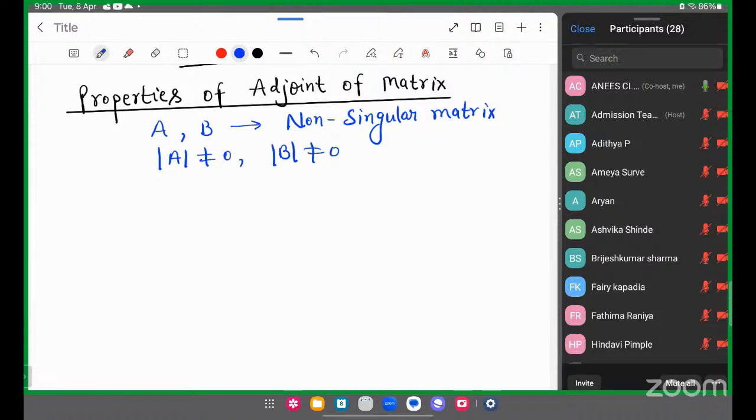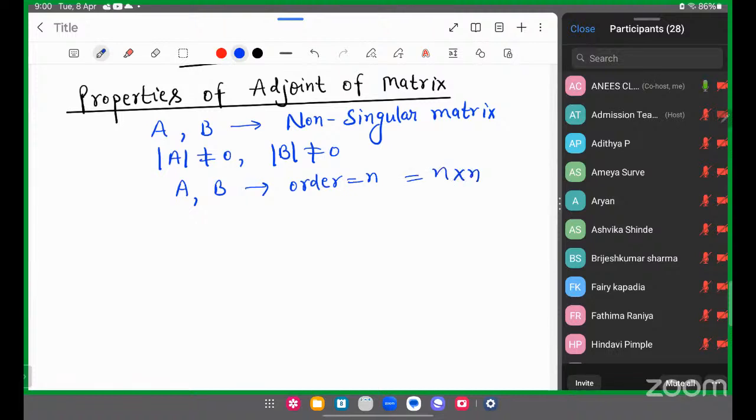This is what we mean by a non-singular matrix. Now, the order of both matrices is n. Order is n means it is n by n.